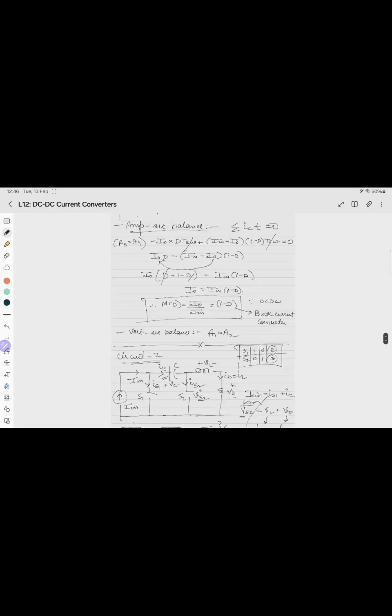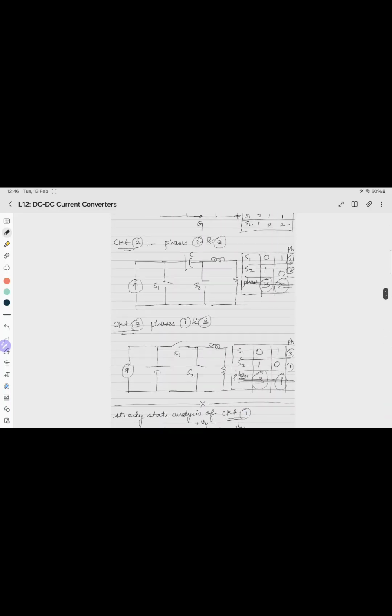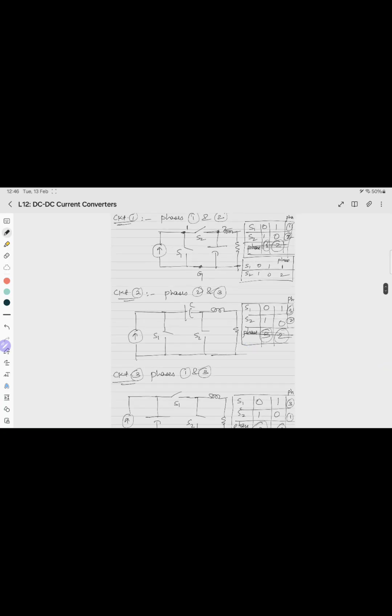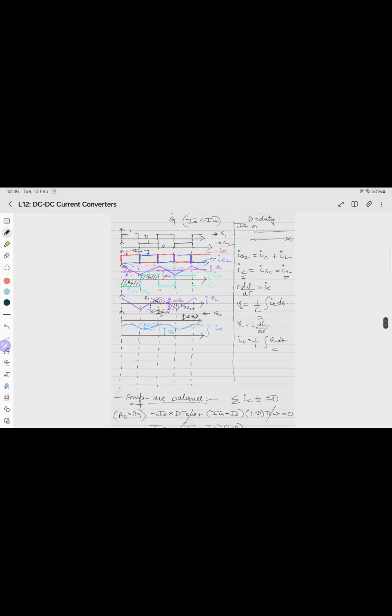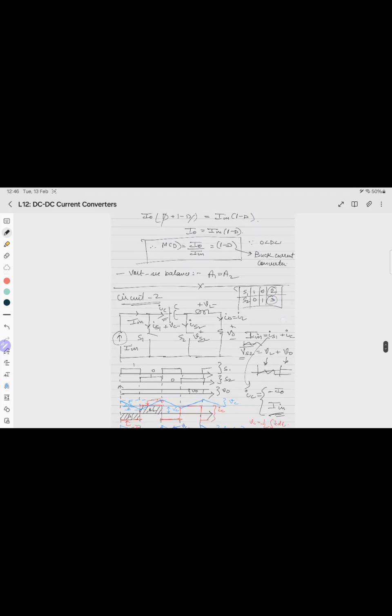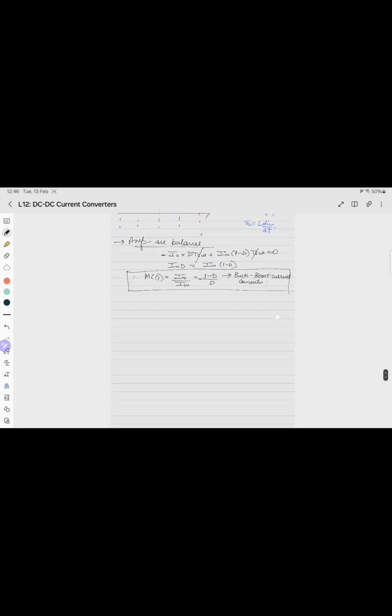But practically we don't have any current mode, any current control, any current DC converters. So we will limit our analysis only up to amp second balance and deriving the steady state transfer function between input and output current. So now quickly we will go to circuit number 3.